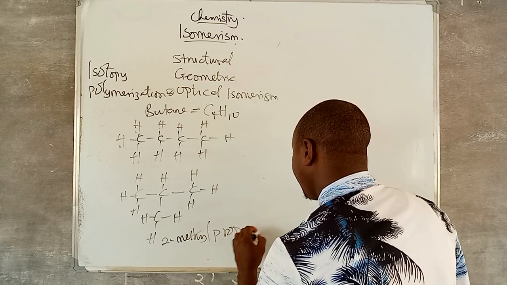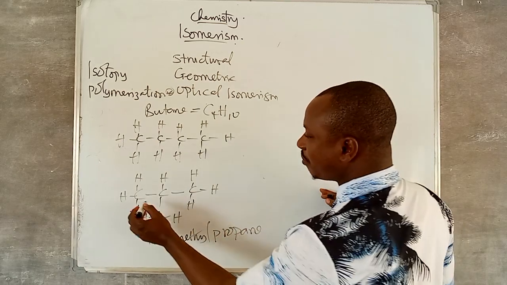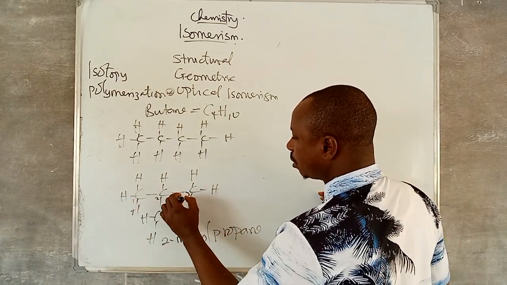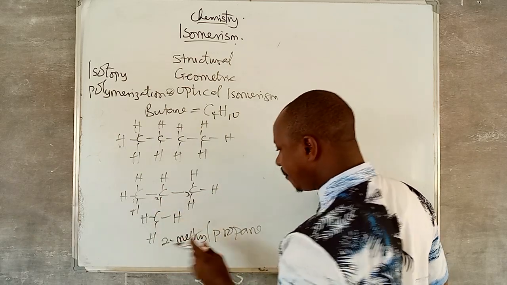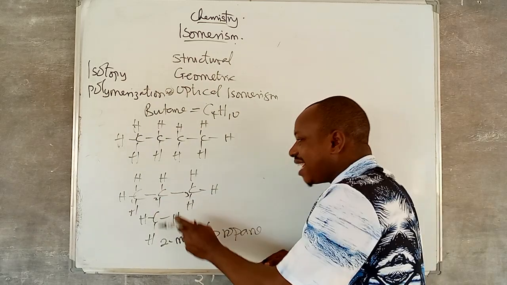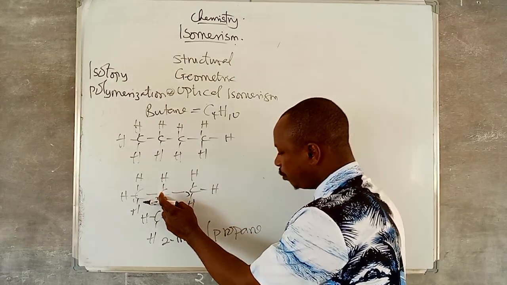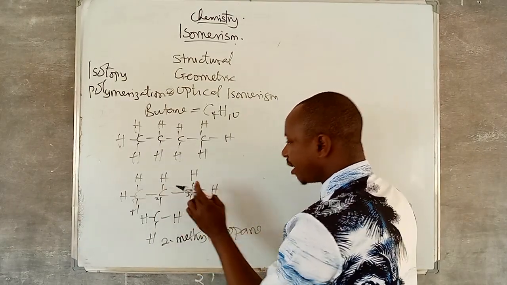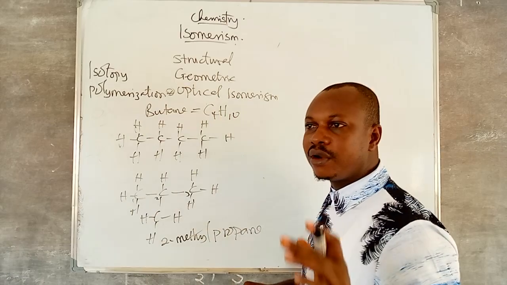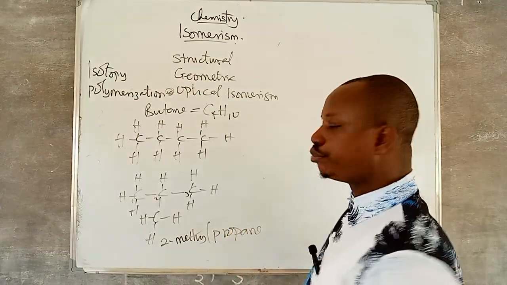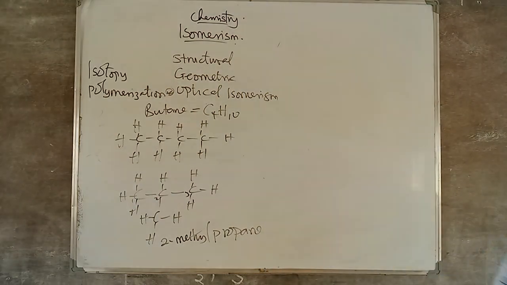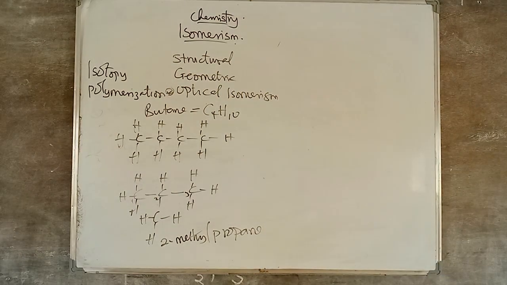If you can remember, 2-methyl propane. You can start numbering from any side. 1, 2, 3. So carbon number 2 has a methyl group. CH3 is a methyl group, which is attached to carbon number 2. And 1, 2, 3, three carbon atoms, the root of the carbon that has three carbon atoms is simply propane. That is 2-methyl propane.